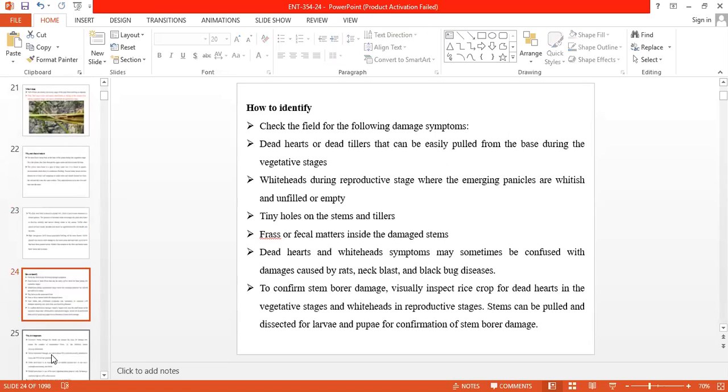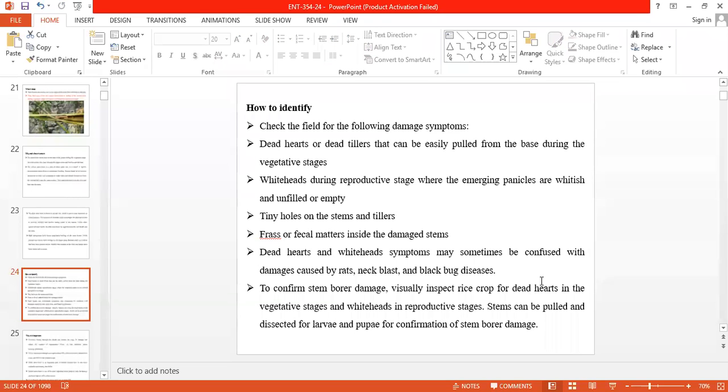How to identify the infestation of that pest in field conditions? Check the field regularly. Dead hearts or dead tillers should be pulled out, and see whether the infested portion of the stem has any larval stage of that pest.